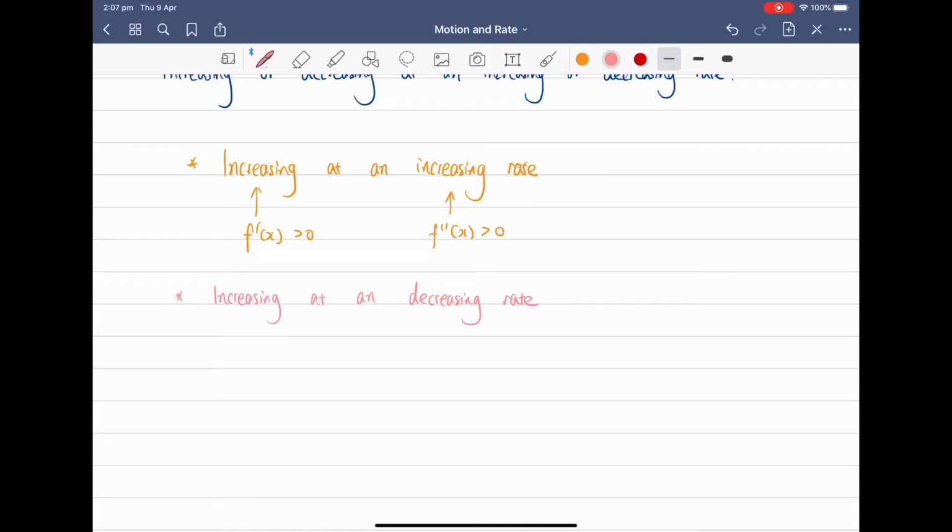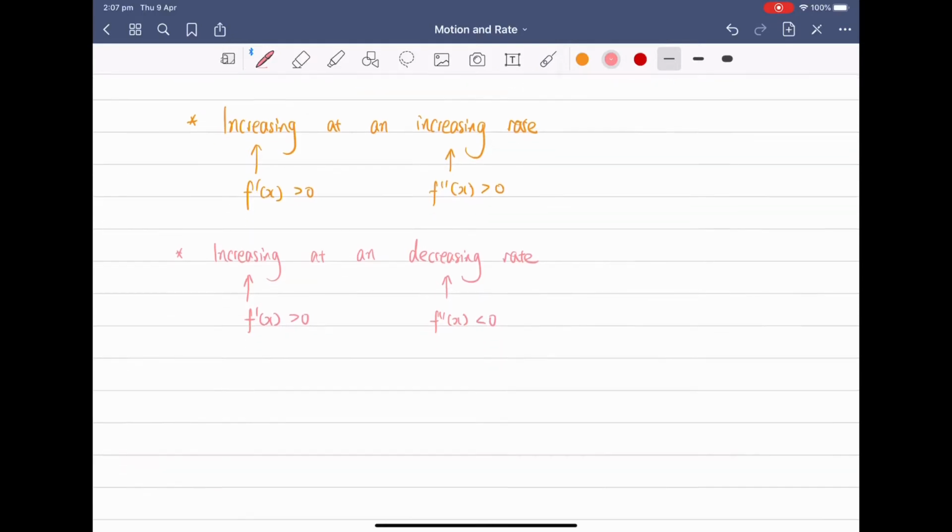That means the rate of increasing speed is going to eventually become 0, so it will just move at a constant speed eventually. So firstly, that's increasing, so the first derivative must be greater than 0, or you can say the curve is always increasing within the interval. However, decreasing rate means the second derivative is less than 0. All right, so that's the next one.